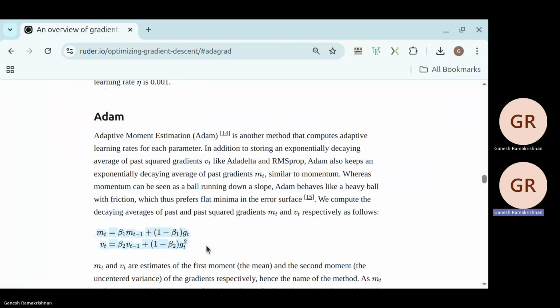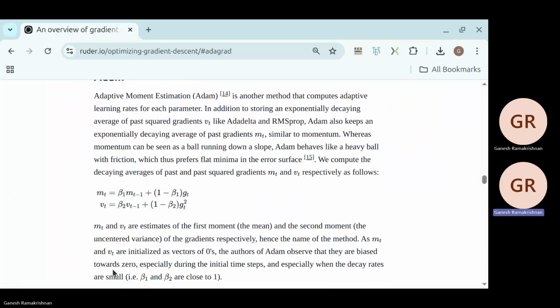Well, there was already a decaying average earlier, right? But here there are two things you're looking at. One is momentum, and the other is the second momentum. The first moment is the mean. The second moment is the variance. Think of v t as a variance. Okay? And sometimes it's also called velocity, right?